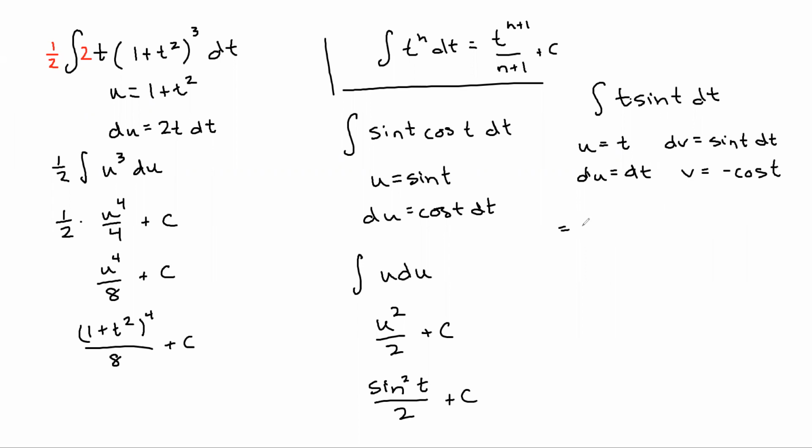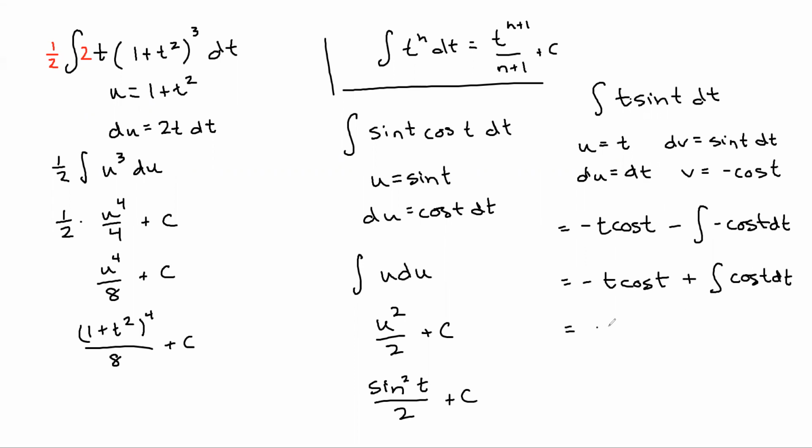So we're going to get negative t cosine t minus the integral of v du. So that's negative cosine t dt. And so we get negative t cosine t plus the integral of cosine t dt, which is going to be plus sine t. And then you can throw a plus c on there.